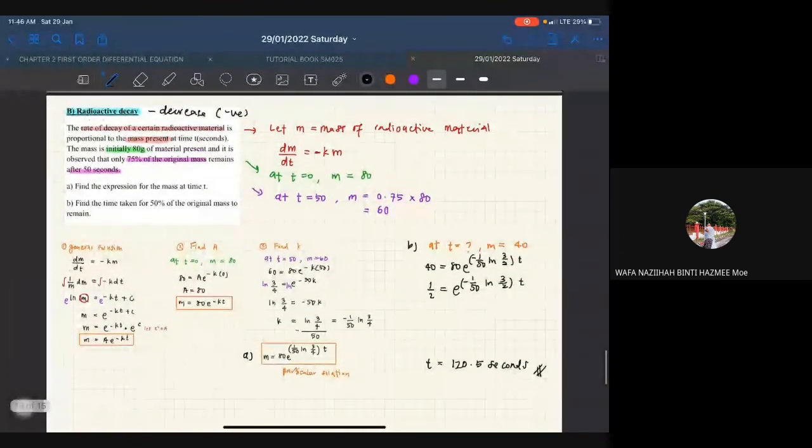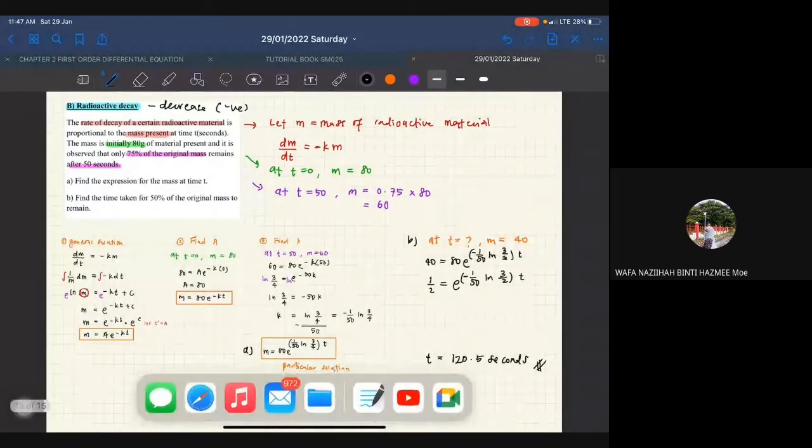Okay. Boleh faham tak soalan ini? Application untuk radioactive decay. Any questions? Saya terleft daripada laptop saya. Dah.